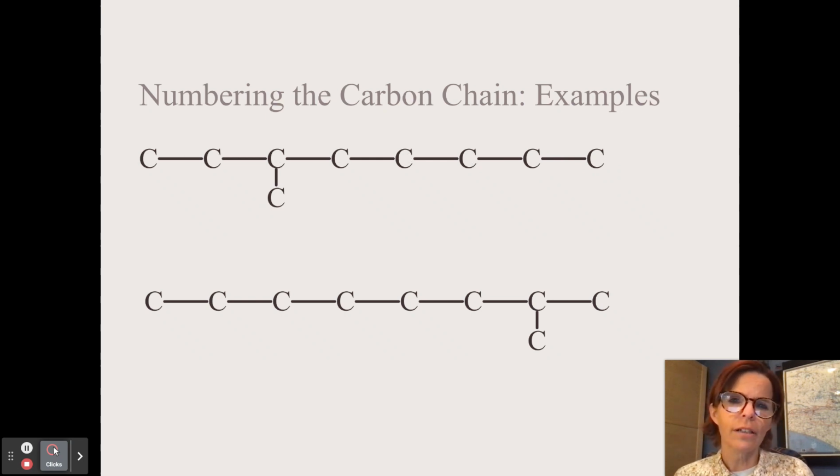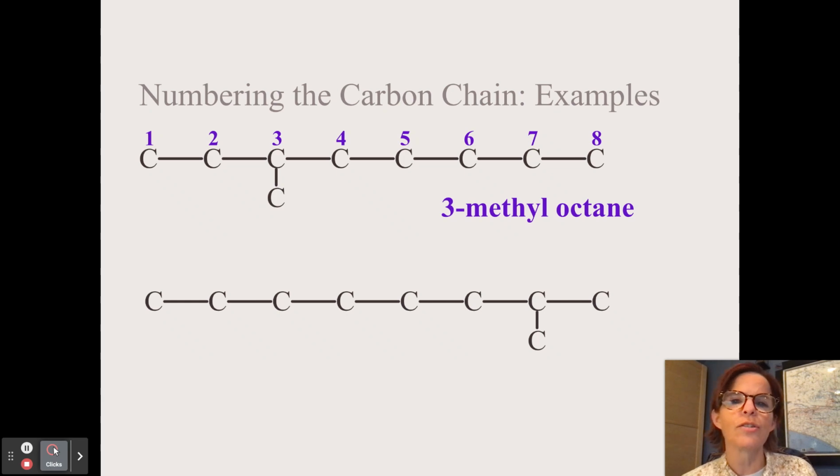Which one would give me the lowest branching number? It's if I start the counting over here 1, 2, 3. The branch is on carbon 3. If I start the counting over here 1, 2, 3, 4, 5, 6, then that's not the lowest number. So let's take a look. There's 1, 2, 3, 4. And so this is 3-methyloctane.